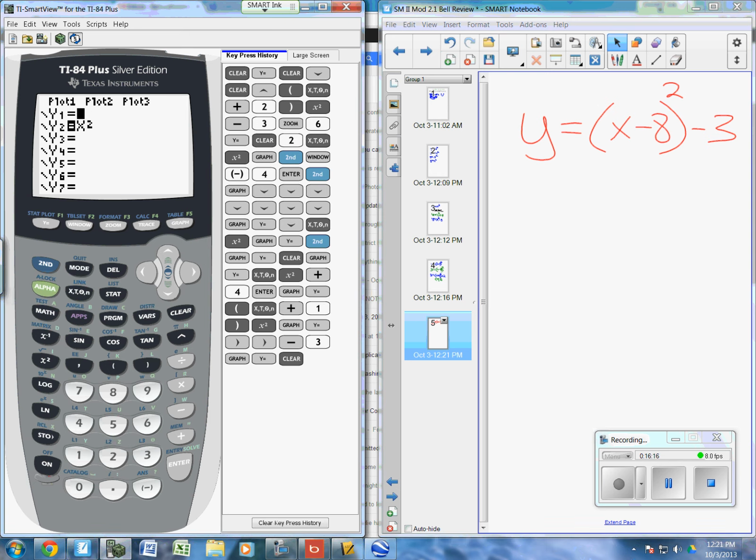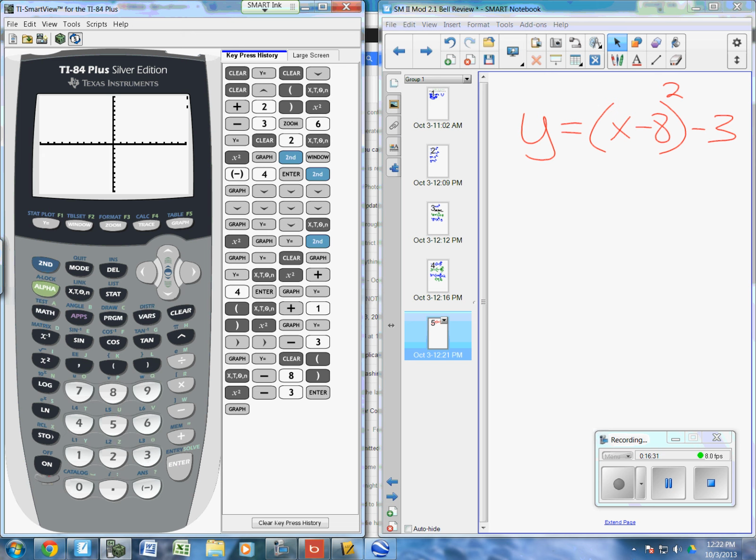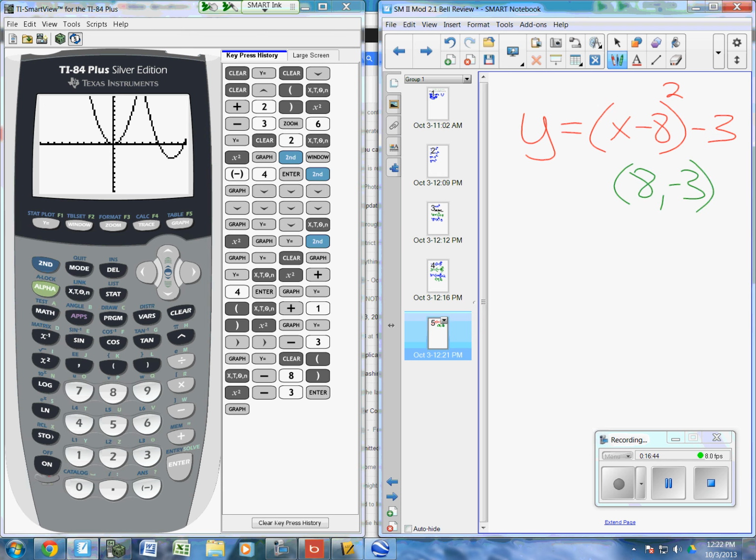So we have parenthesis x minus 8 squared minus 3. We graph that. So it went to 8 comma negative 3 is where our vertex moved to. 8 units to the right, 3 units down. We can see that right there. 8 comma negative 3 is the vertex.